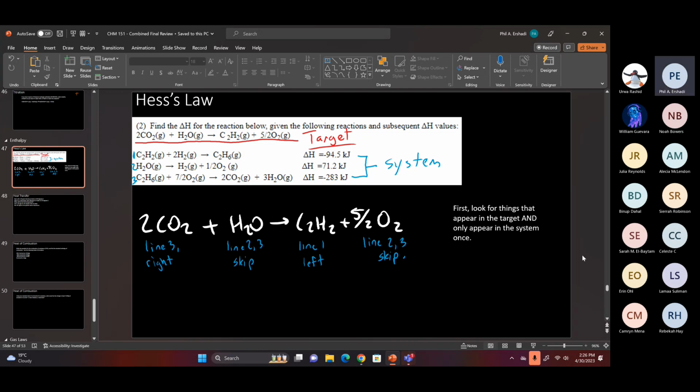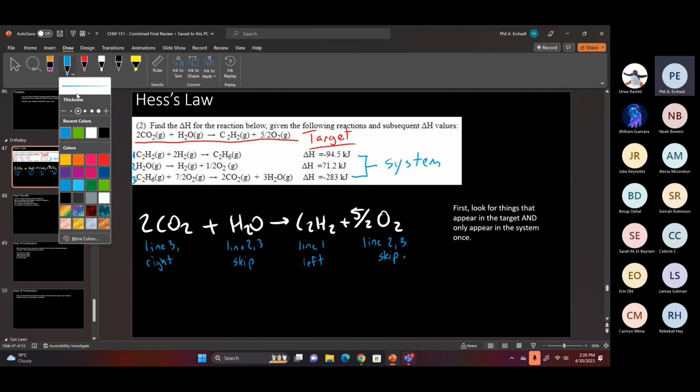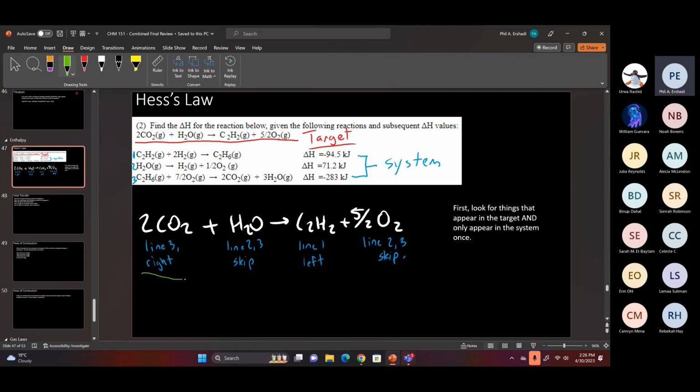Okay. So now that we've done that, what we're going to do is target the ones that only appear once. And we're going to make some changes based on that. So what we're going to ask ourselves about the ones I boxed in. Let me just write down, we're going to box in the ones that only appear once.